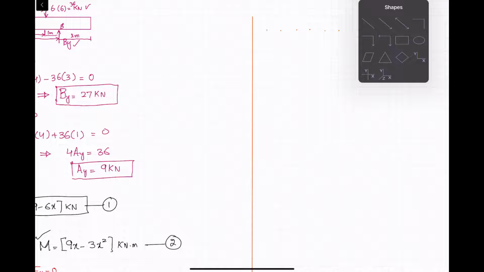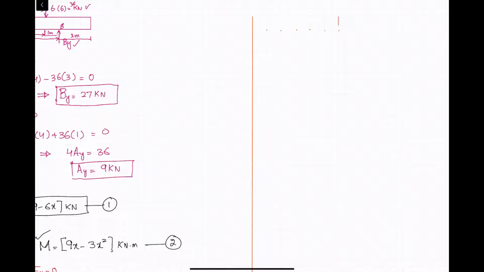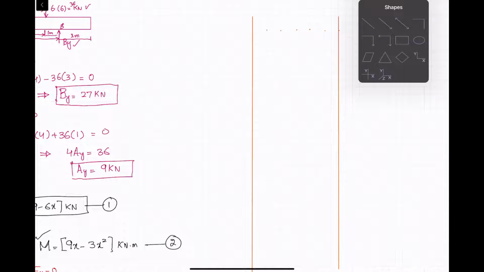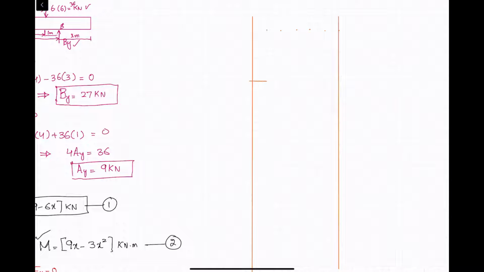If I draw the line from this point to the bottom, here we will draw our shear force diagram. So V will be in kilonewton. This is 1 meter, 2 meter, 3 meter, 4 meter, 5, and this is 6.